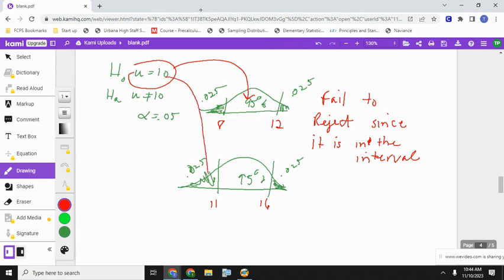Well, 10 lands here, which would be in the shaded area. So I would reject, since 10 is not in between 11 and 16. So I would reject since 10 is not in the interval. Okay, that is test 3.